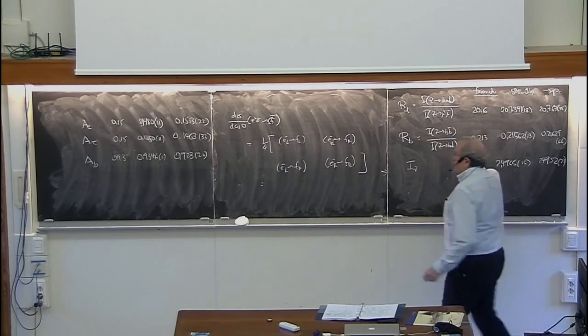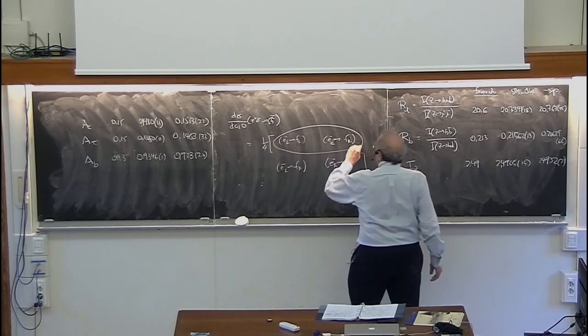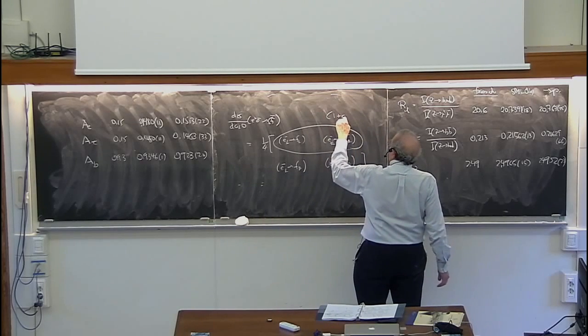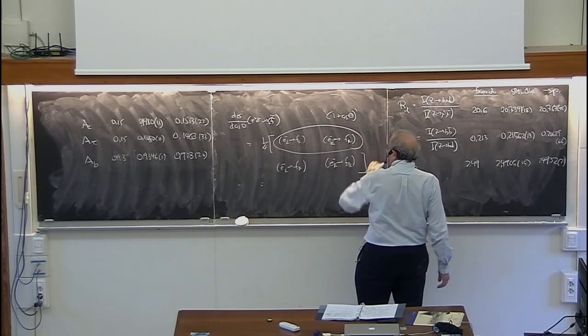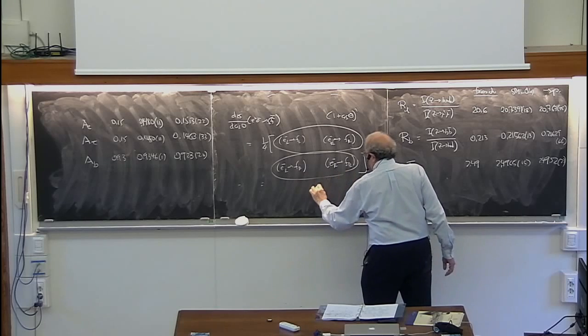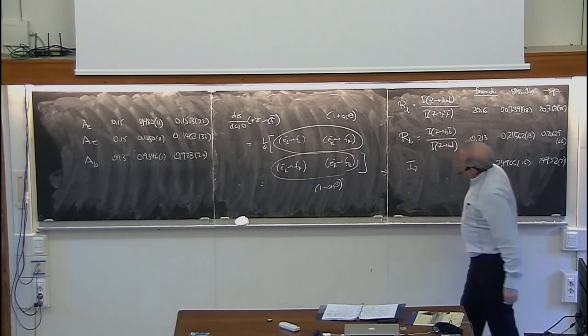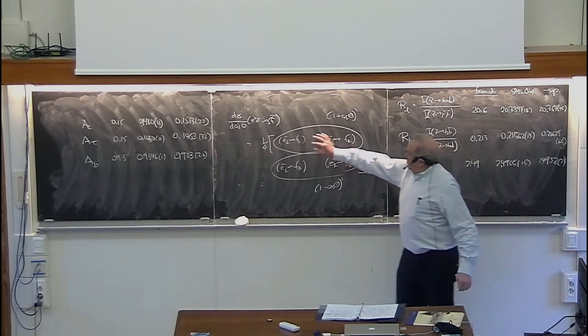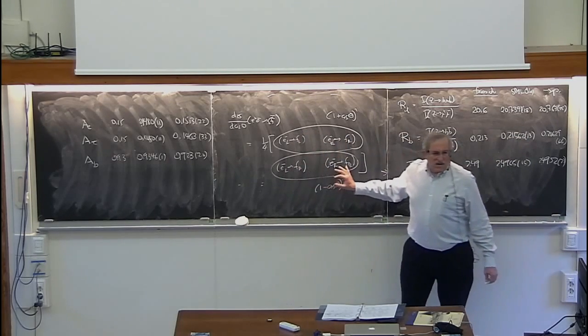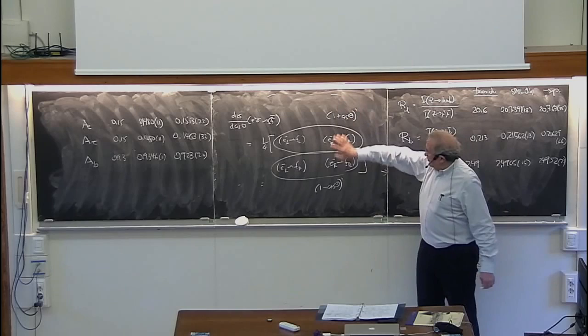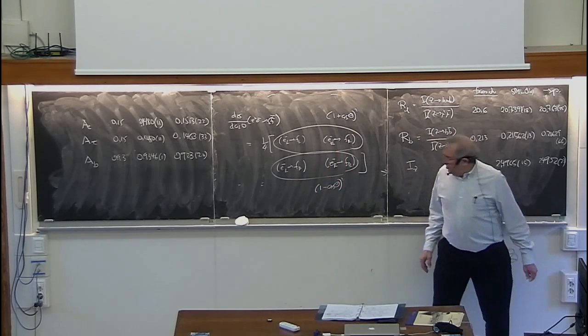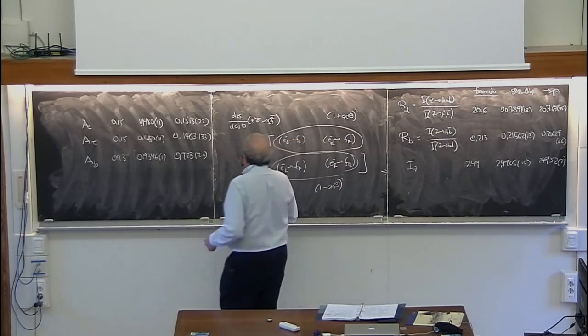Now, these have the angular dependence 1 plus cosine theta squared. These have the cosine theta squared. So if the amplitudes are all the same as they are in QED, you just get the average of these. But in the weak interaction theory, it's more complicated.